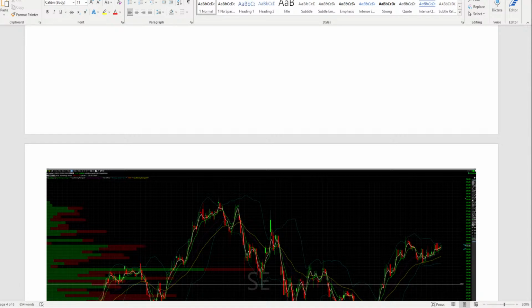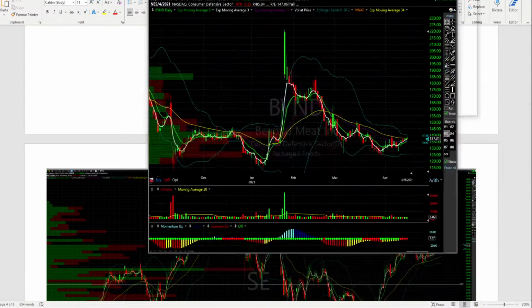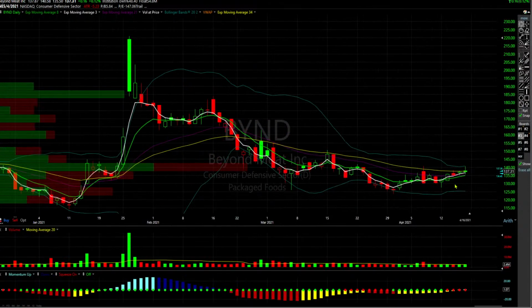One of the things that I would tell you is, you guys know that John Carter is the one that developed this TTM squeeze and blah blah blah. Do you see how these moving averages are just stacked down? You've got the 21 above the 8 and the 34 above the 21.